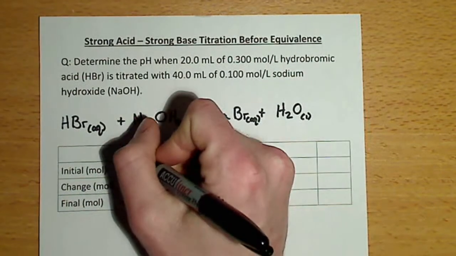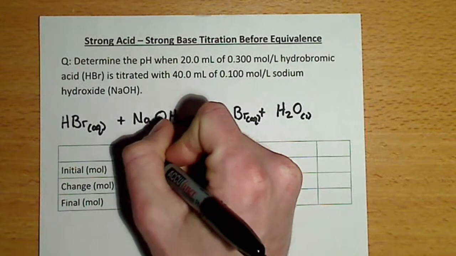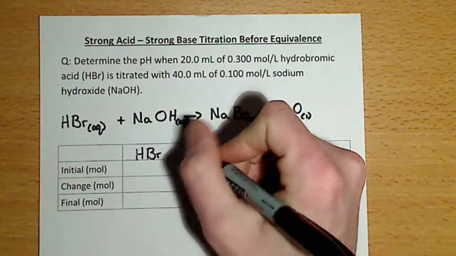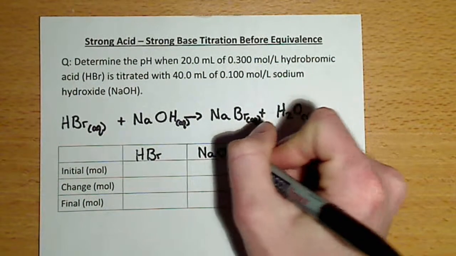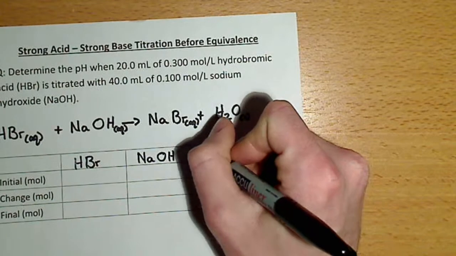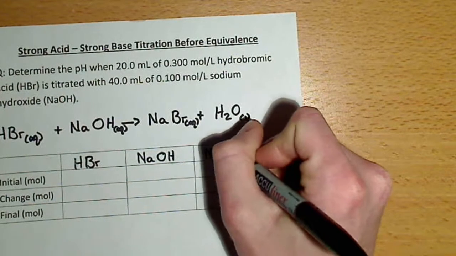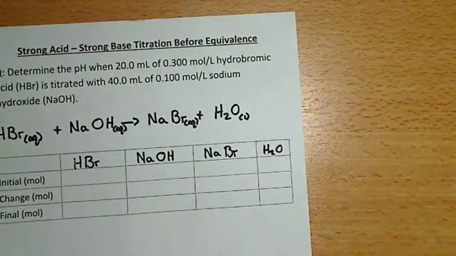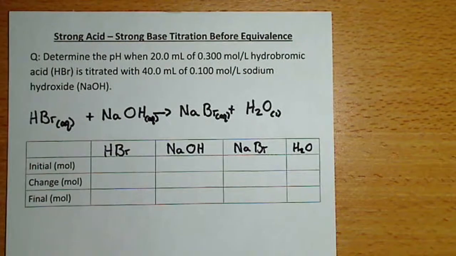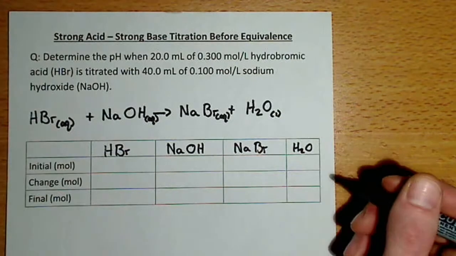So, let's fill in our ICF table. Because we are in solution, there is an excess of water and we do not need to consider water in our ICF table. So I'm just going to cross it out.